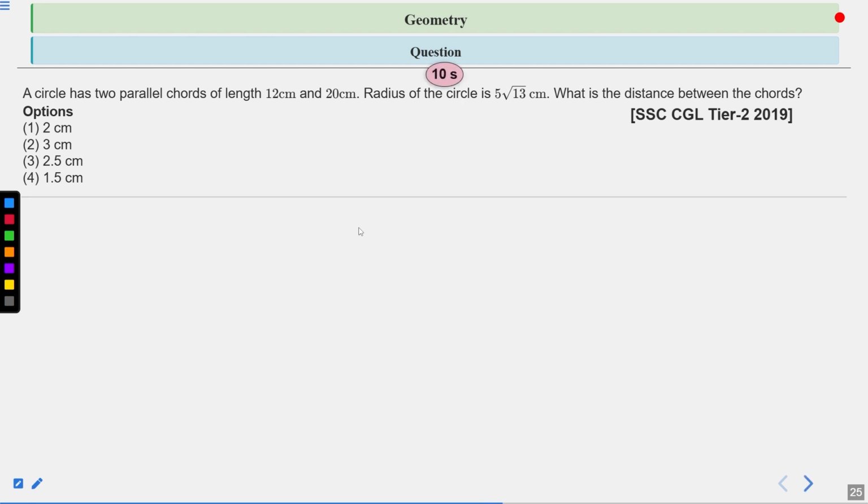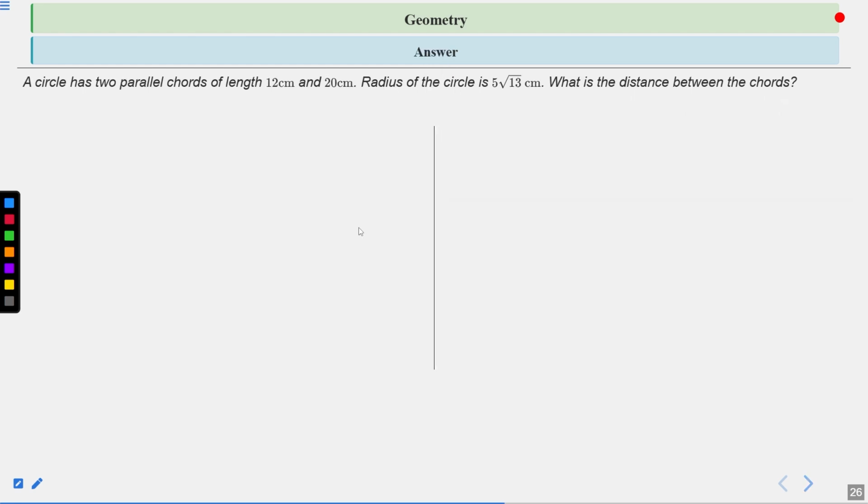Now you have 10 seconds to analyze the question. Your time starts now. Now time's up. Let's see the solution of this question. So it is given that a circle has two parallel chords of length 12 centimeter and 20 centimeter.